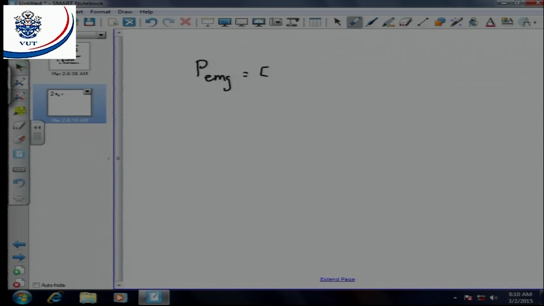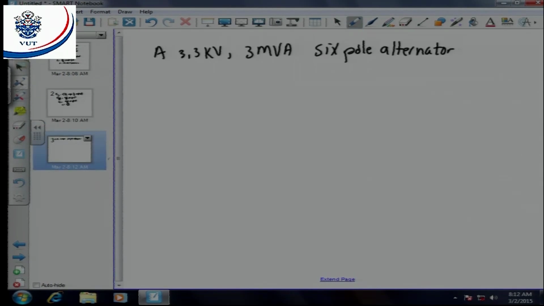Now let's look at an example. A 3,3 kilovolt, 3 MVA, 6-pole alternator has a reactance of 0.25 per unit.